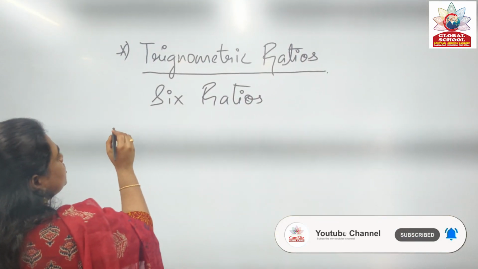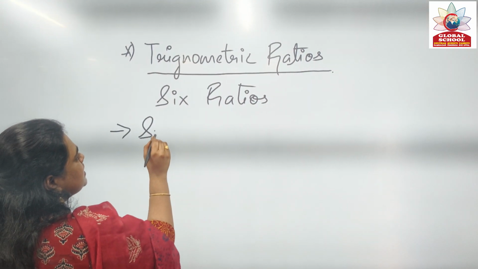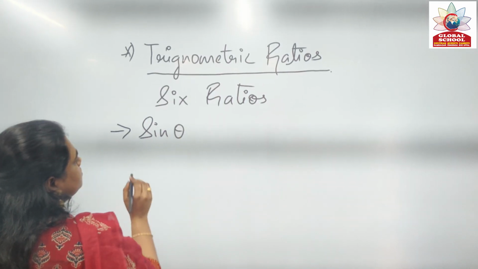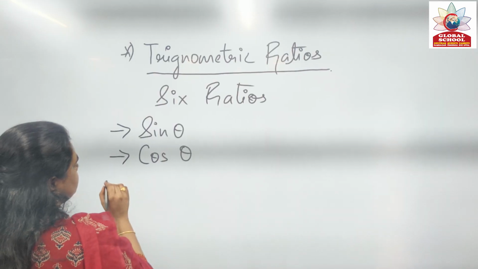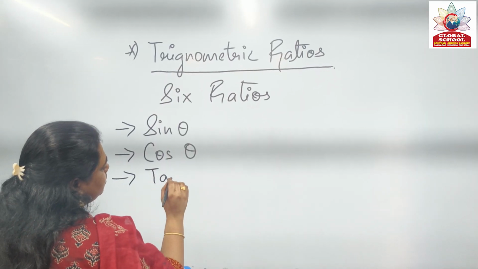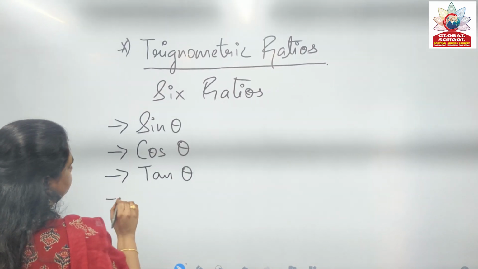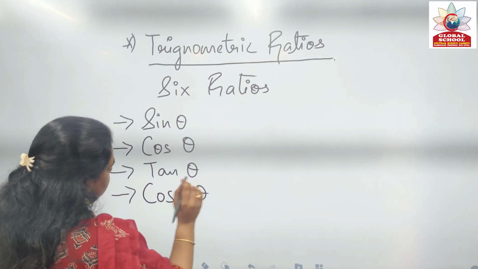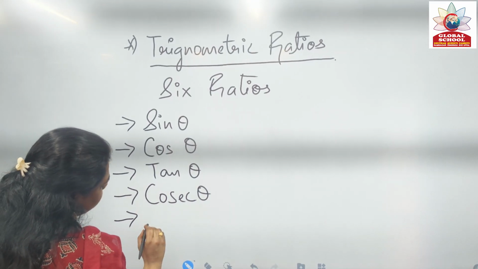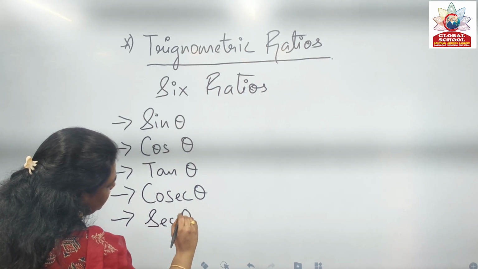What are those ratios? First one is sine theta. The second one is cos theta. Third one is tan theta. Fourth one is cosec theta. Fifth one is sec theta.